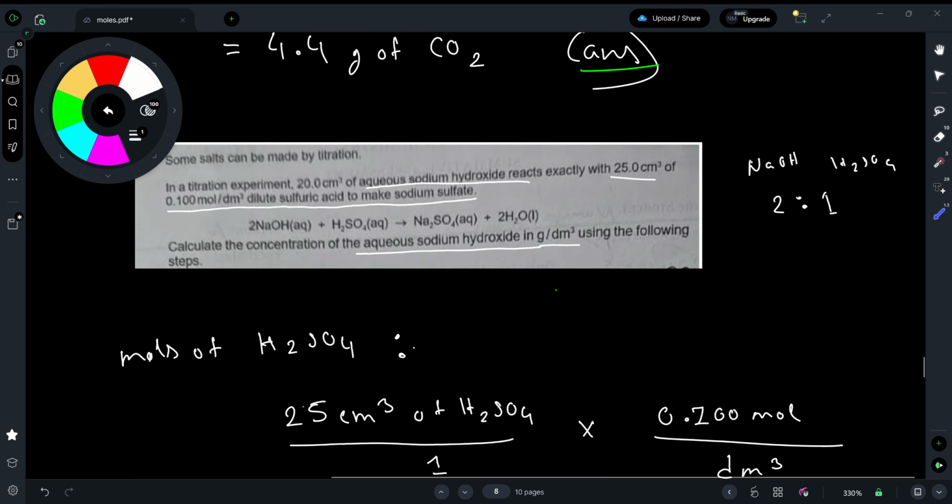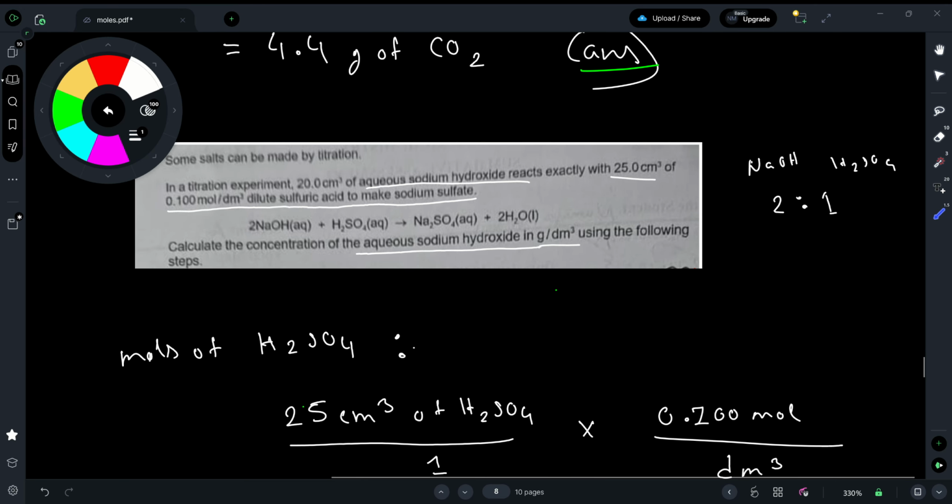Using the moles of hydrochloric acid, we can find the moles of carbon dioxide. And with the moles of carbon dioxide, we will be able to find the volume using the third formula. So first, let's find our moles of HCl.